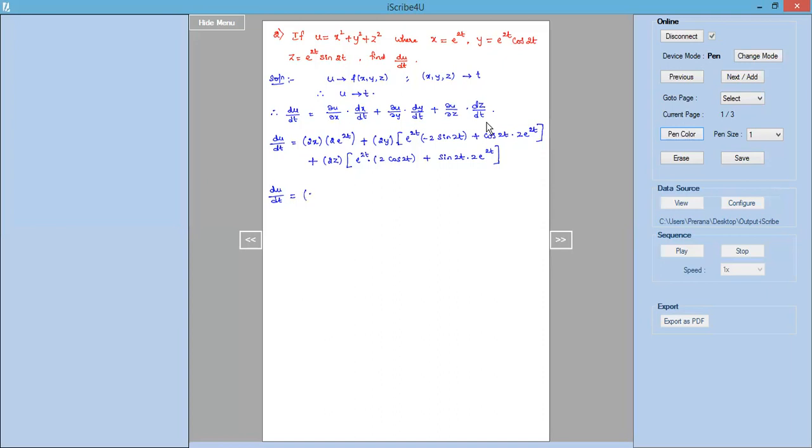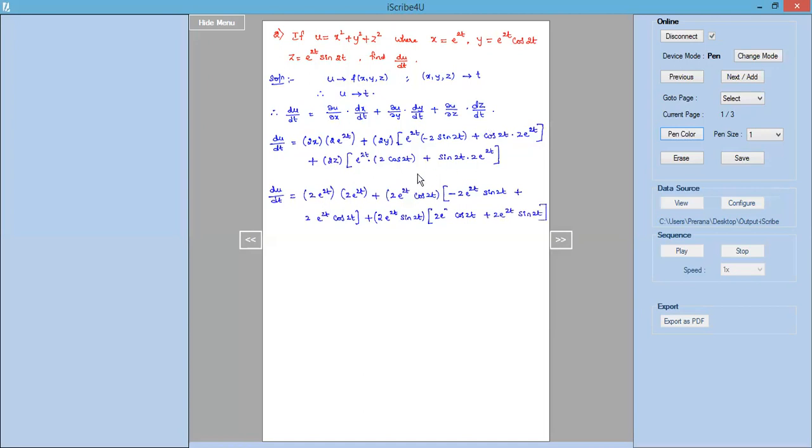So this gives us 2 e power 2t into 2 e power 2t plus 2 into y stands for e power 2t into cos 2t multiplied by, I'll write the big bracket term as it is, minus 2 e power 2t sine 2t plus 2 e power 2t cos 2t plus 2 into z. Z in terms of t is e power 2t into sine 2t multiplied by 2 e power 2t cos 2t plus 2 e power 2t sine 2t.